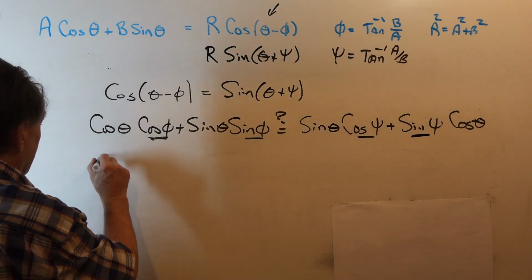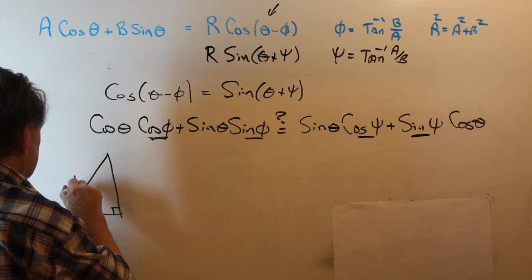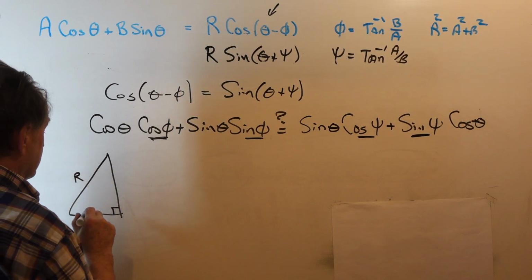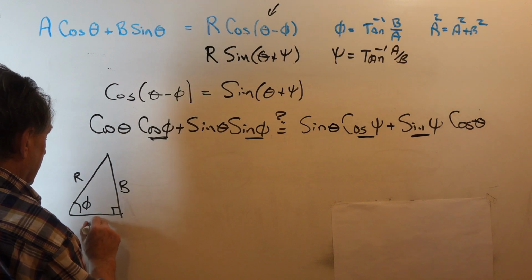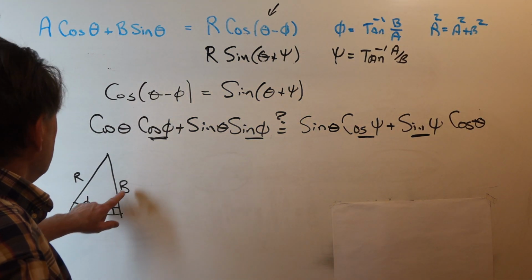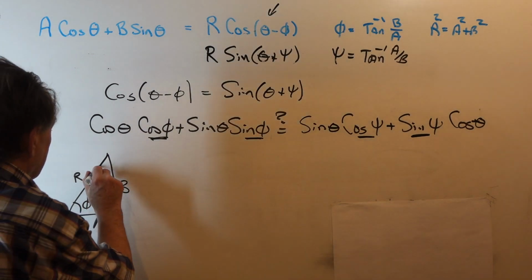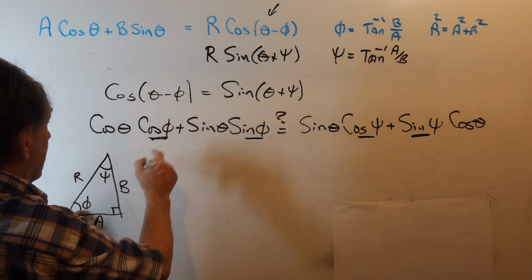Well, let's look at our triangle again. If this is R, our hypotenuse, and this is angle phi, the tangent of phi is B over A. And then this is our angle psi. Well, what's the cosine of phi?